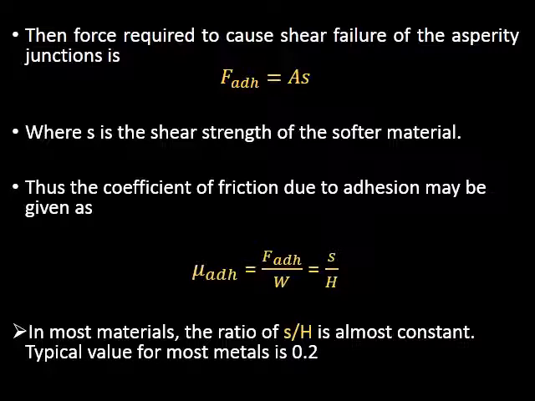This theory is very simple, but it also has many inadequacies. From this theory you can see that the coefficient of friction depends only on the property of the soft material. But it is not so.